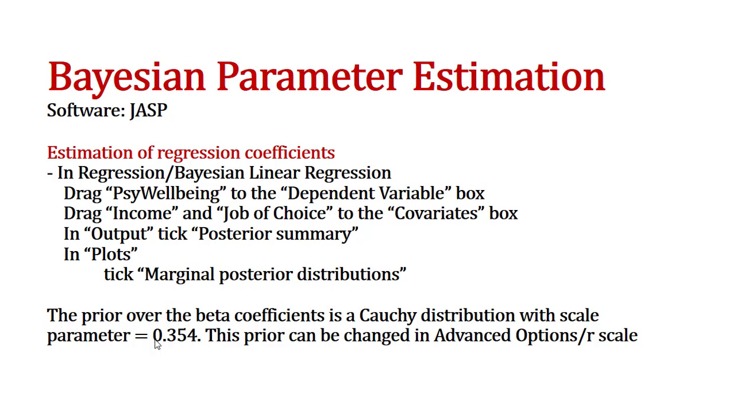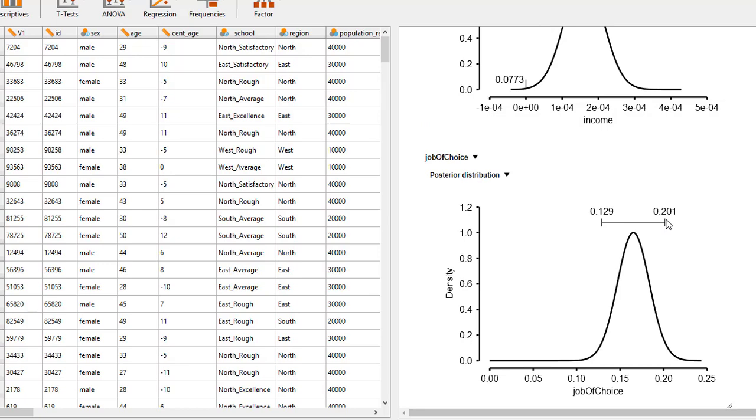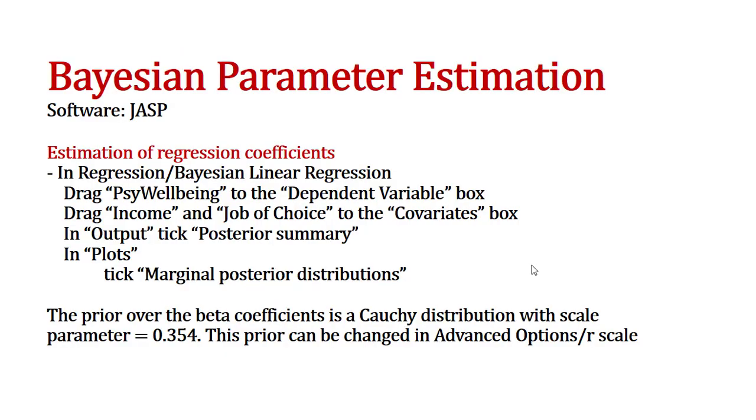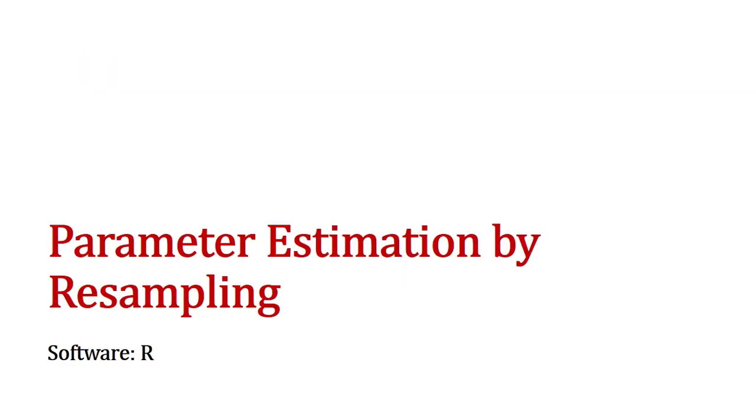Because we use standardized, we can use the same prior. In the background it is doing that, but when we get the results reported in JASP, we get the unstandardized. So it transforms the standardized into unstandardized, and these are the values we get here. Okay, so that's the Bayesian parameter estimation of regression coefficients. These are the posteriors. Now let's move to resampling.